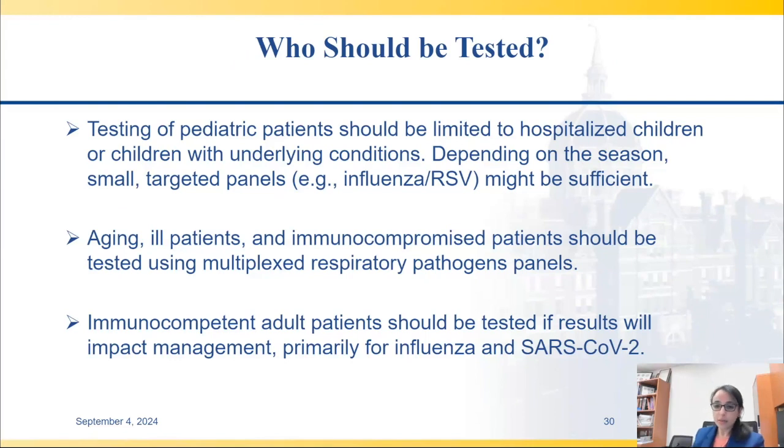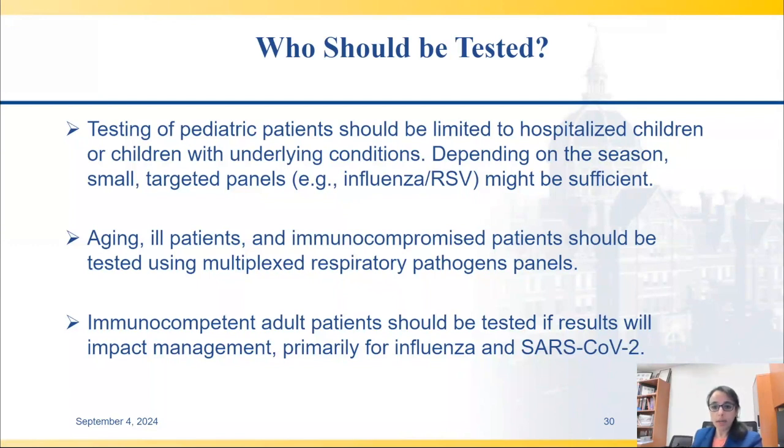Now, who should be tested? Those are actually points that I copied from our guidance. Again, because the goal is to diagnose and manage for the best patient outcomes. So we agreed that testing of pediatric patients should be limited to those who are admitted, or children with underlying conditions. And it is also, again, dependent on the season.